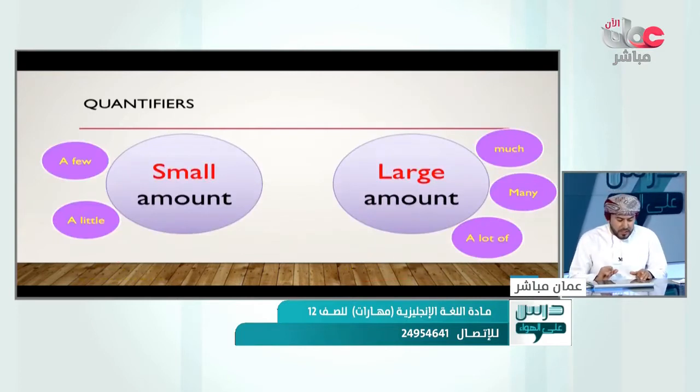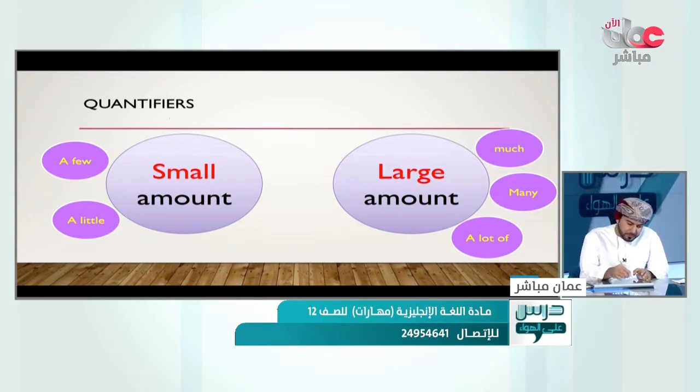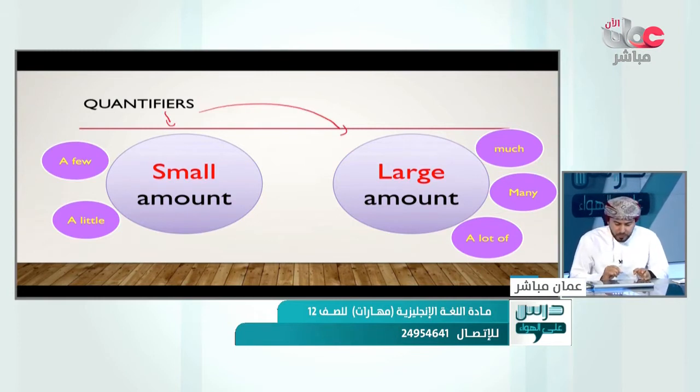Let us move to the next slide. We are going to talk about quantifiers themselves. Here we have 2 groups of quantifiers. We have small amount, and also we have large amount. We are going to start with the first group, which is small amount.